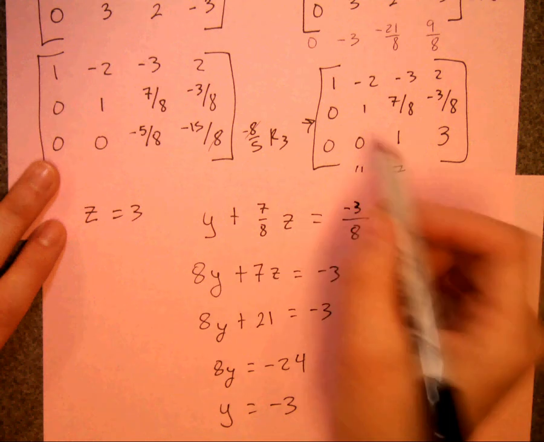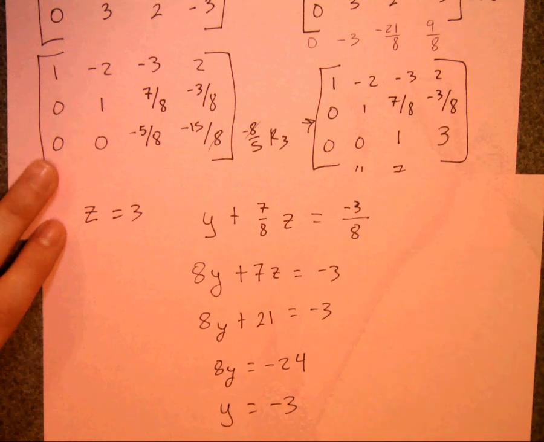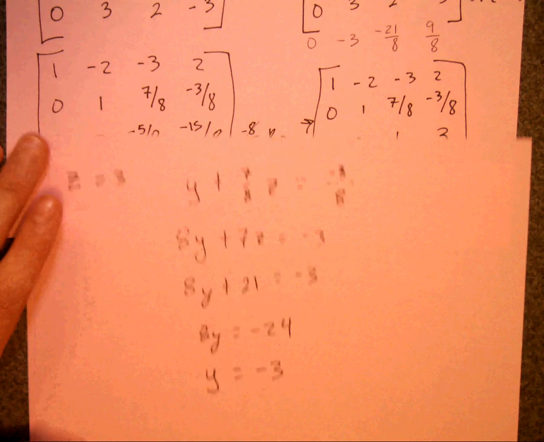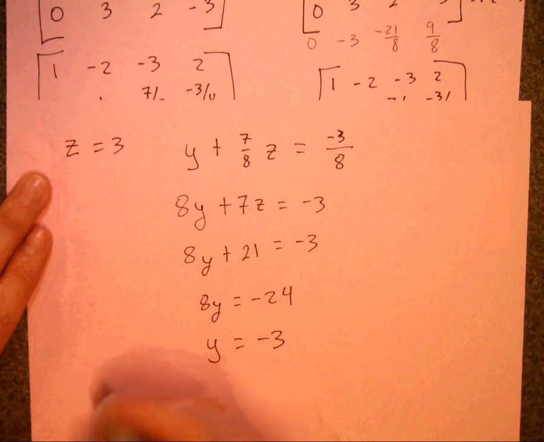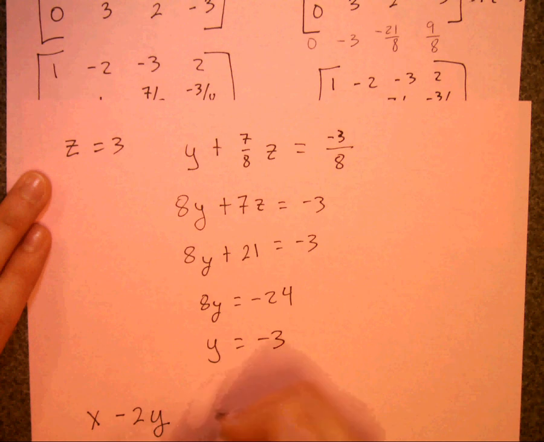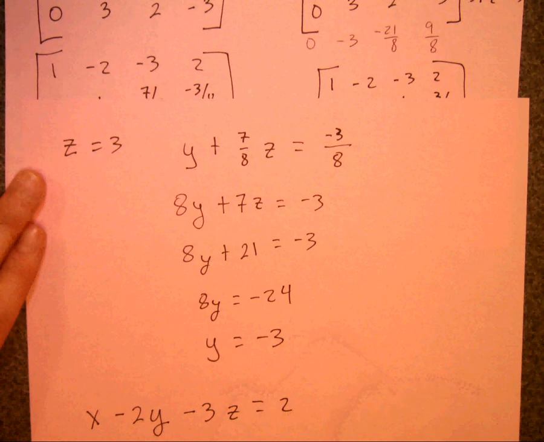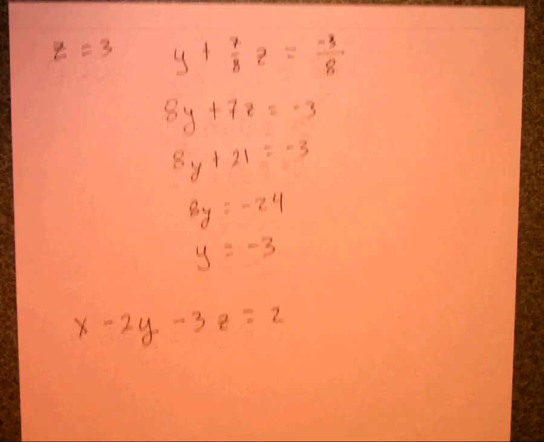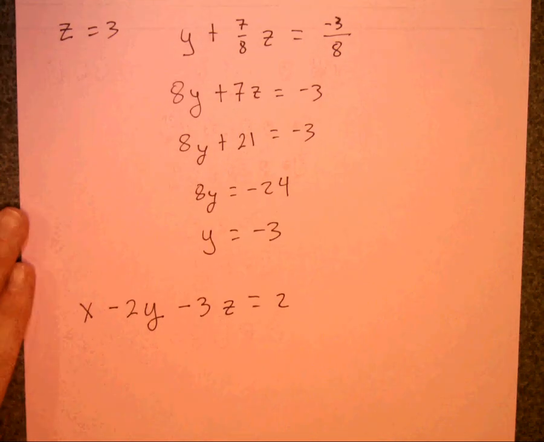And now, the very top equation tells me that x minus 2y minus 3z is equal to 2. Well, we found that z is 3 and y is negative 3, so I'll plug those in.